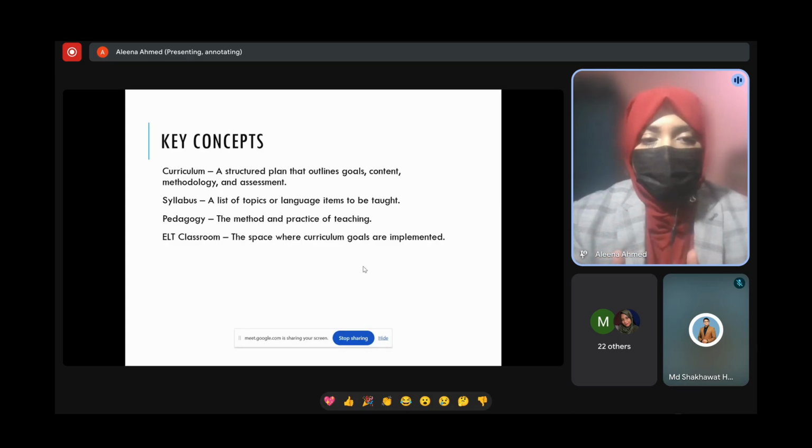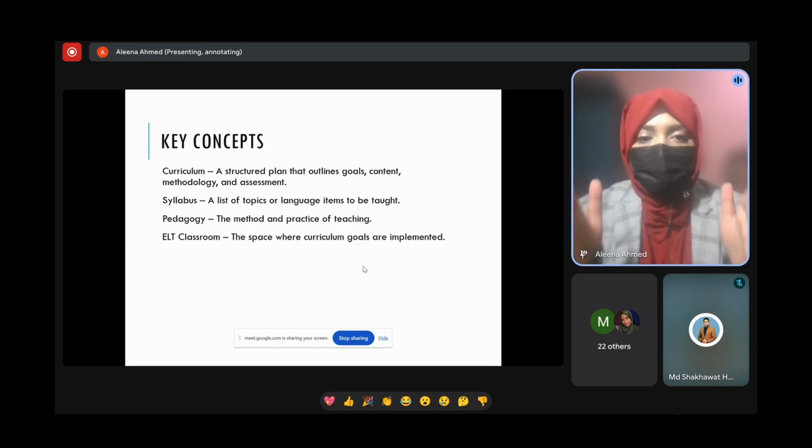So what pedagogy a specific teacher is going to follow also comes under the curriculum. Syllabus also comes under the curriculum. So the ELT classroom is where the curriculum goals are implemented.